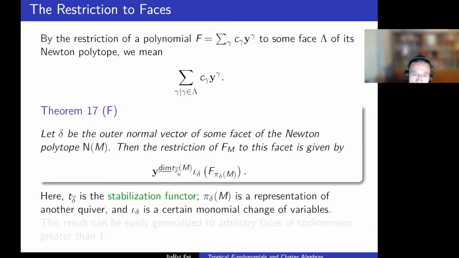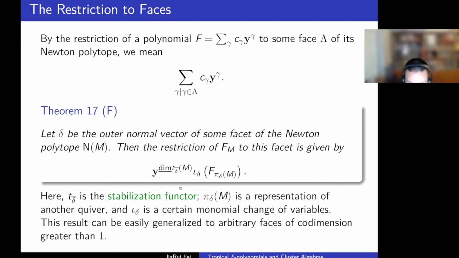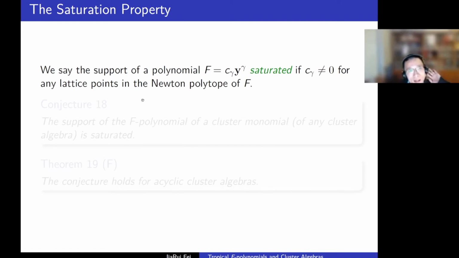There's another point of view: you view delta as a stability condition. You get the power here, and the result can be generalized to arbitrary faces, not necessarily of codimension 1.